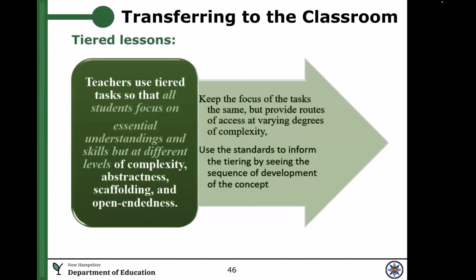Another way to differentiate is with tiered lessons. This is basically scaffolding in motion, I guess. So the focus of the tasks is the same, but they have different levels of complexity. So some are a little bit easier.